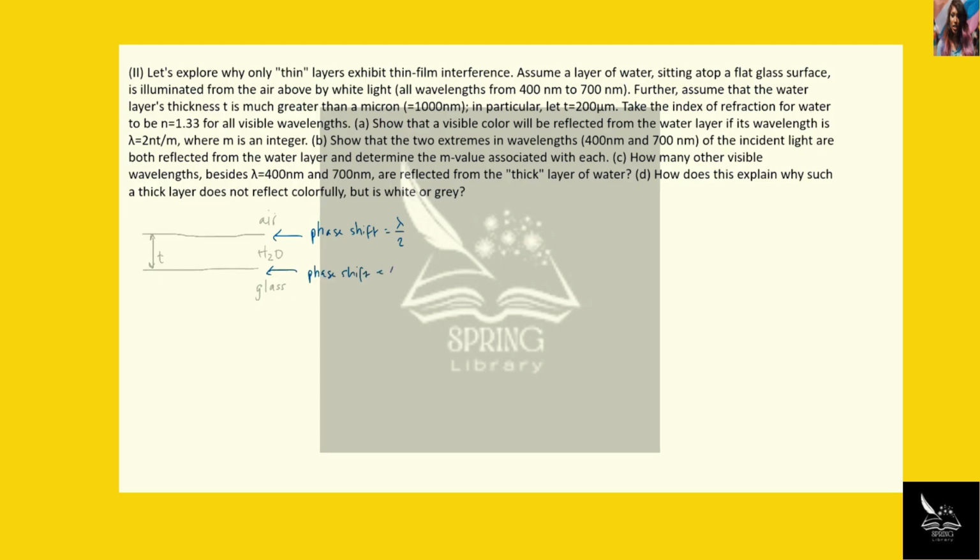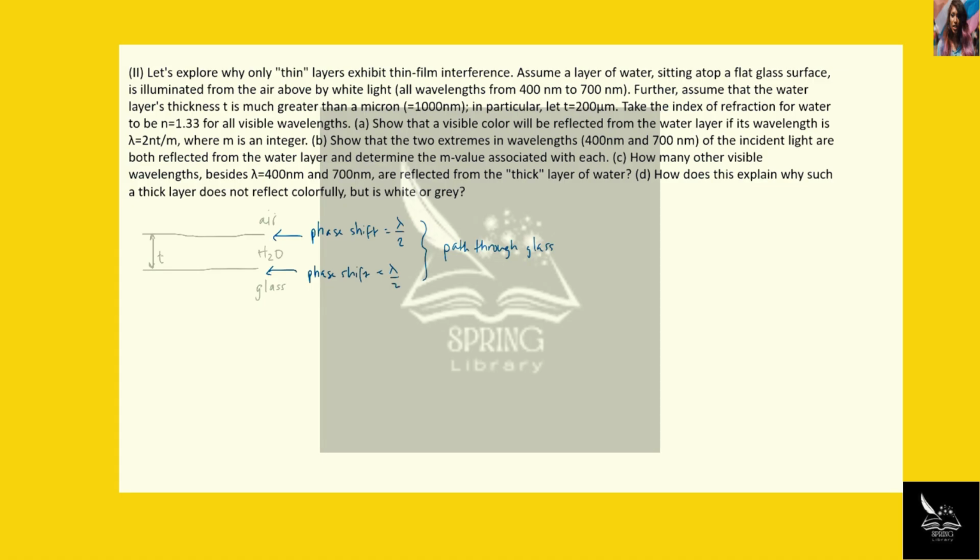So what this tells us is we need the path through the glass to be an integer number of wavelengths to maintain constructive interference.